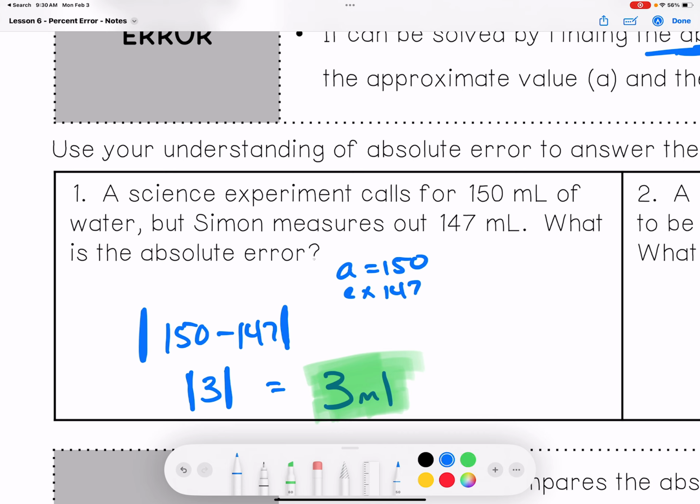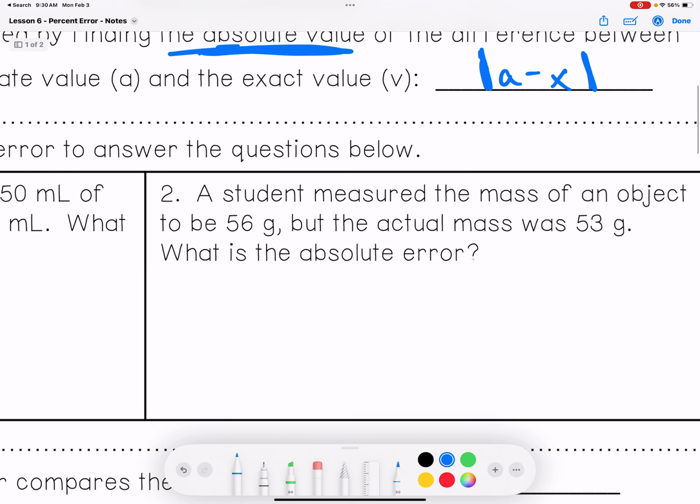All right, the next one, that should have been equals there. A student measured a mass of an object to be 56. So that was the approximate, and the exact was, hang on, take that back.